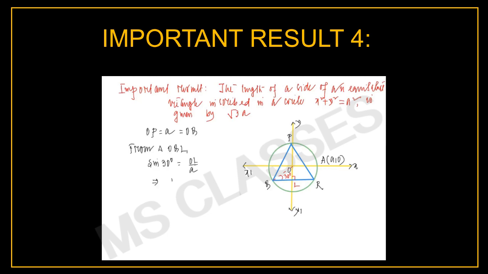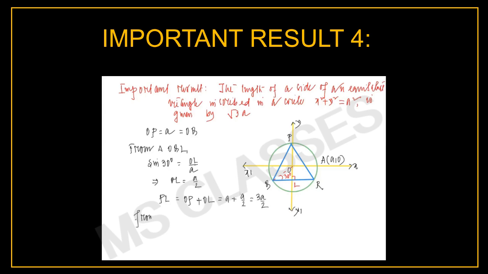So OL equal to a by 2. Now what we need is PL. PL equal to OP plus OL, a plus a by 2, equal to 3a by 2.